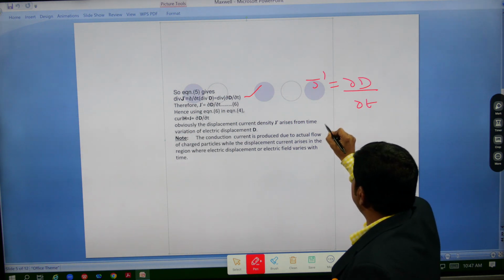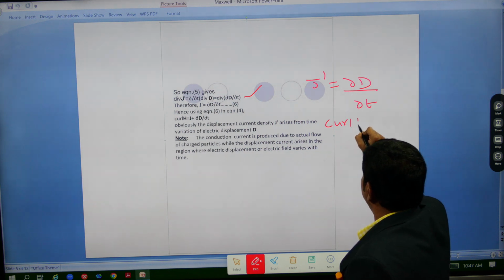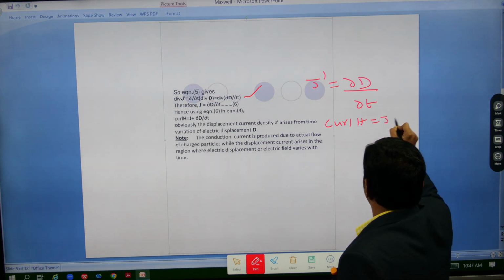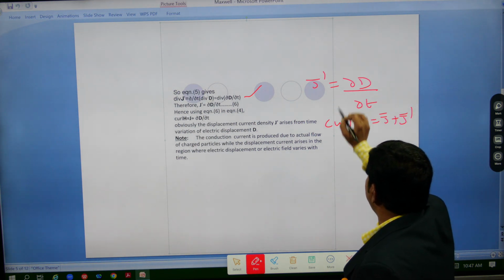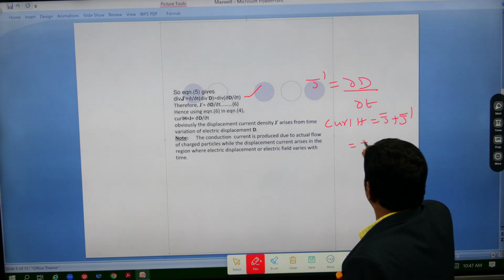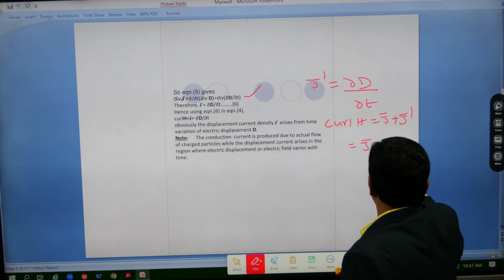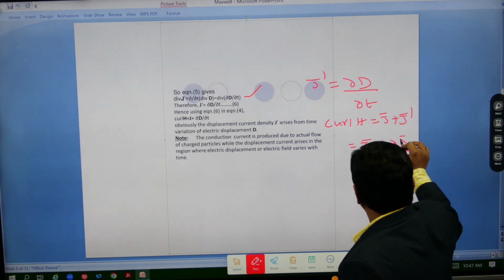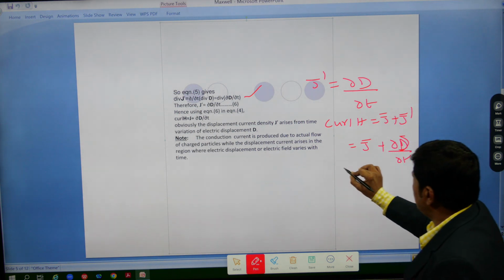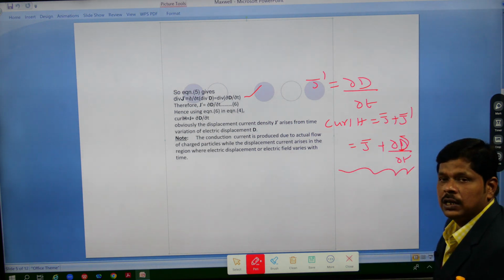But curl H is equal to J plus J bar dash, so we got J dash equal to dou by dou t of D bar. This is the flux density, so this is the electric flux. This is Maxwell's third equation.